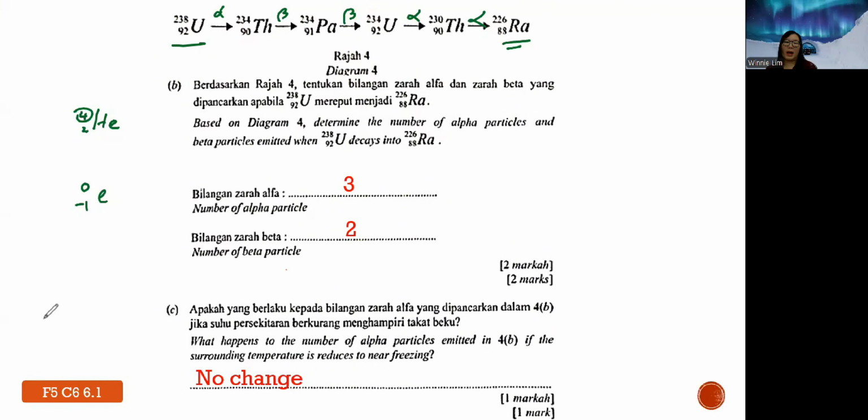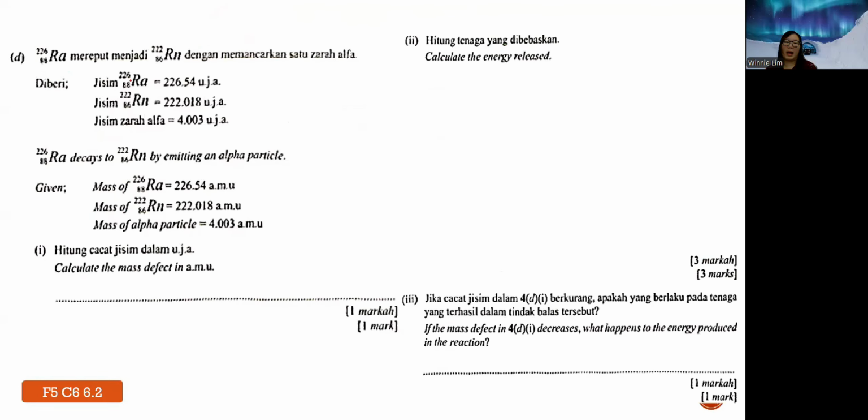On this question, you are given the decay equation. They already told you it is going to emit an alpha particle when radium changes to radon. So calculate the mass defect. You can generally write out the equation, it is easier for you to capture the idea.